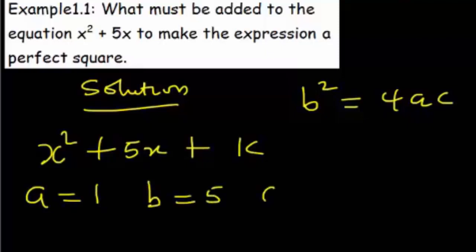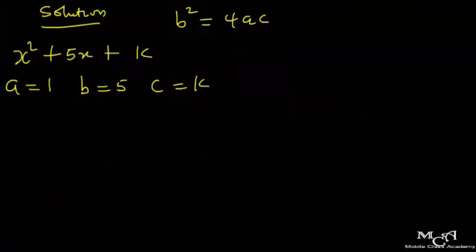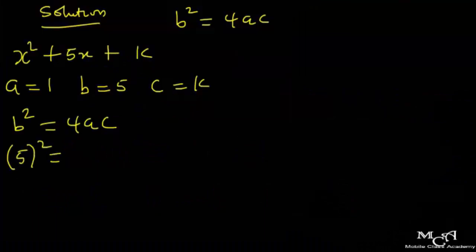Then c is equal to k. Substituting into b squared equal to 4ac, we have 5 squared equal to 4 times 1 times k. So 5 squared is 25, and 4 times 1 times k gives 4k.